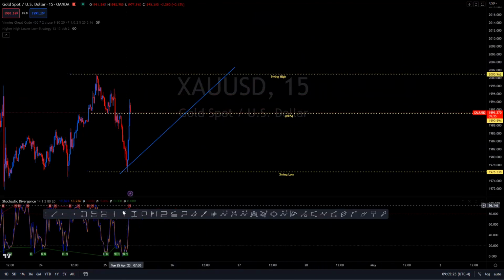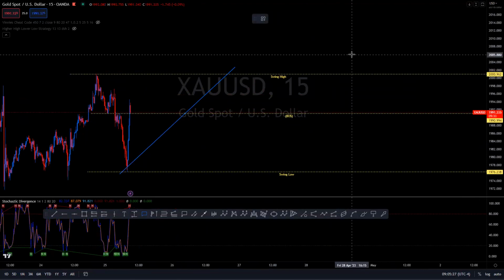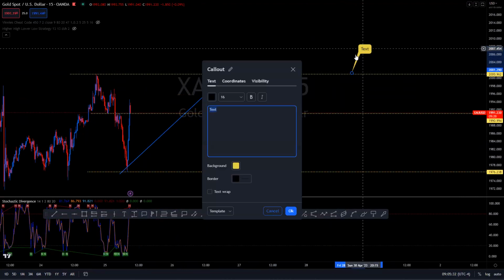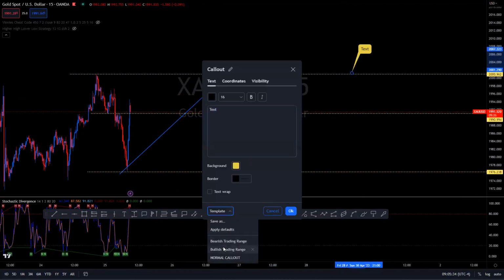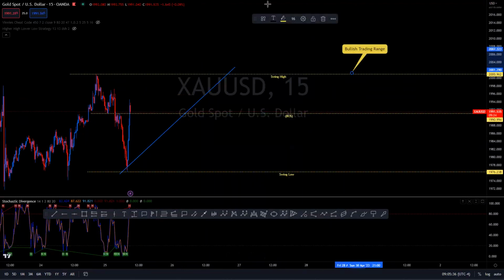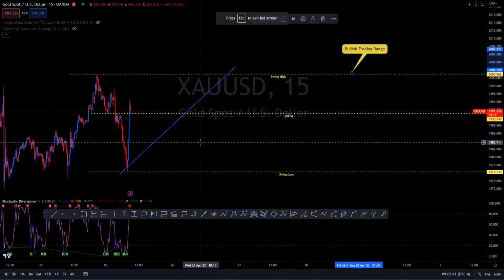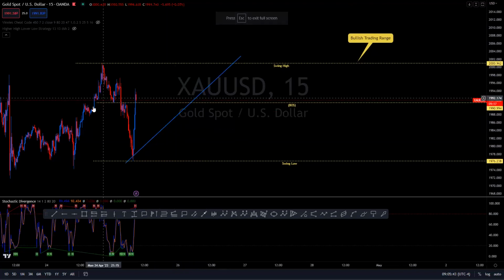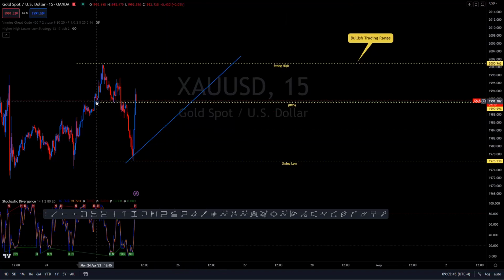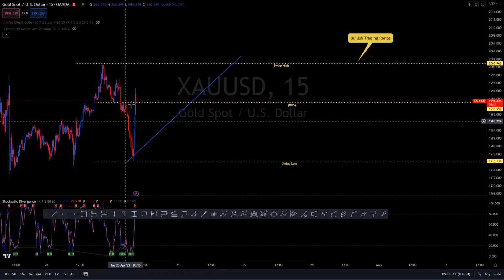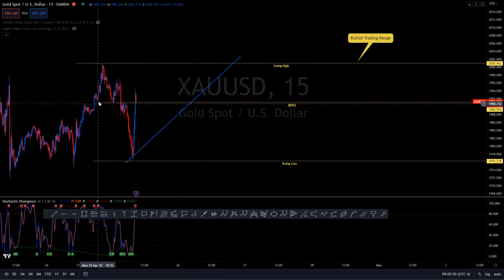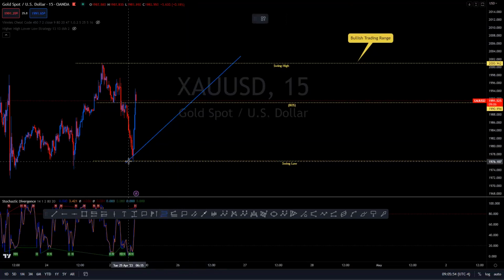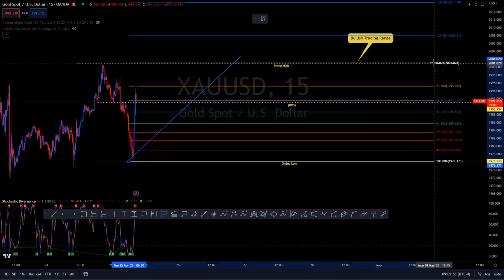So I'm going to say that this is a bullish trading range. Save this. Then it very much ran back to here.